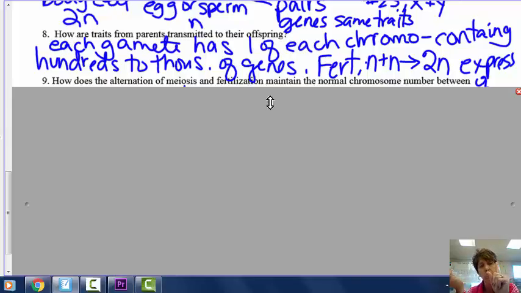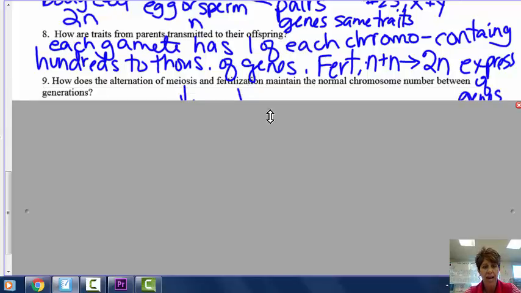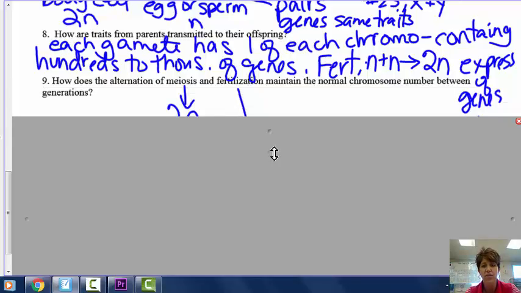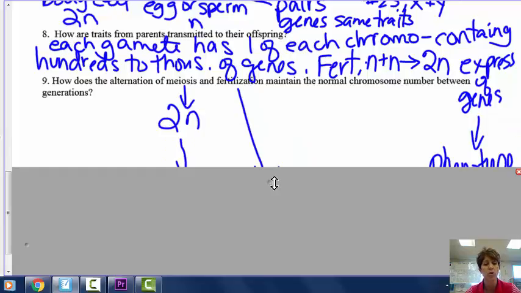There's going to be 1 of chromosome 1, 1 of chromosome 2, 1 of chromosome 3, but there were 2 choices of each chromosome. So that's why you and your siblings don't look identical. You each were a unique egg and a unique sperm from your mom and dad coming together to give you that unique combination.